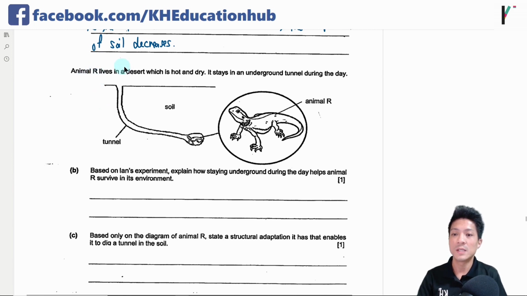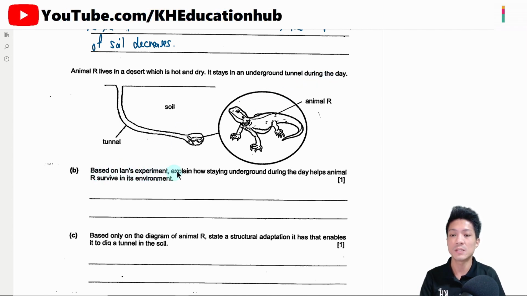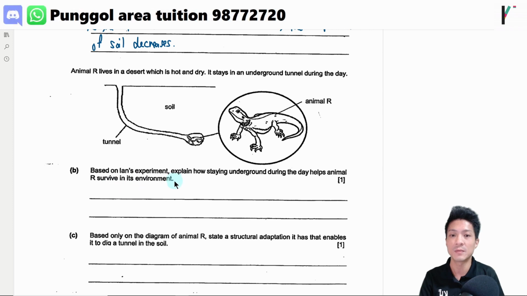Okay, animal R lives in the desert, which is hot and dry. It stays in an underground tunnel during the day. Based on Ian's experiment, explain how staying underground during the day helps animal R survive in its environment.